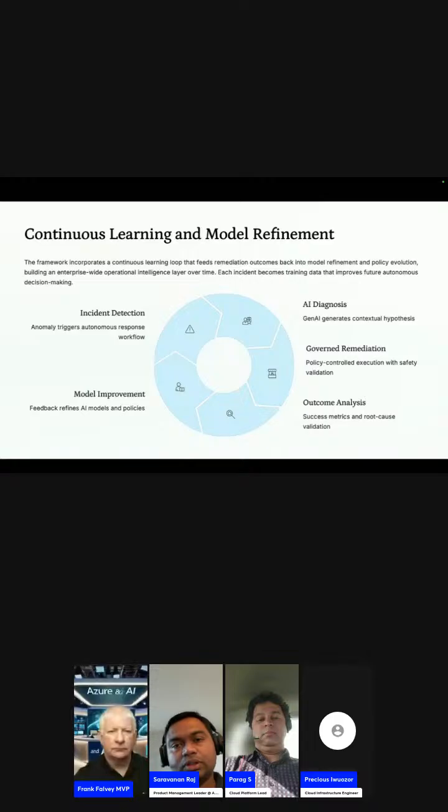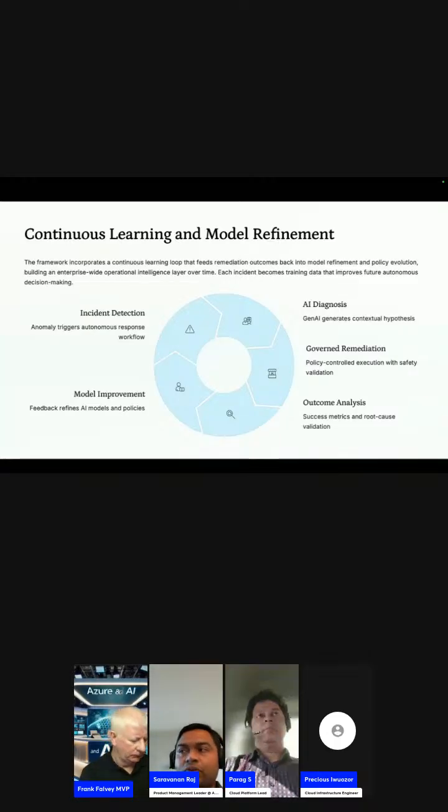And then the fourth core component here, actually this is the final one, is continuous learning and refinement. So the framework goes through a loop. The first one would be the incident detection. So we need to define certain anomalies and trigger the autonomous incident response workflow. Once that's triggered, at Microsoft we used Azure Logic Apps as the underlying layer for defining the triggers and the actions.